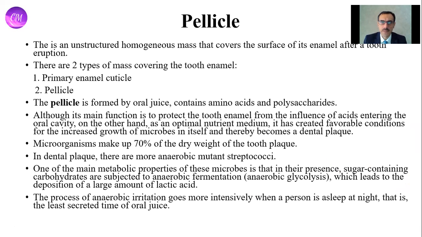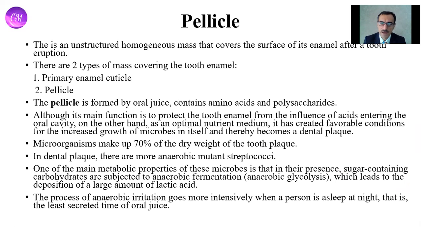What's the pellicle? This is the unstructured homogeneous mass that covers the surface of enamel after the eruption. There are two types of masses covering the tooth epithelium. First, we call the primary enamel cuticle, and second one, the pellicle. The pellicle is formed by oral juice containing amino acids and polysaccharides.